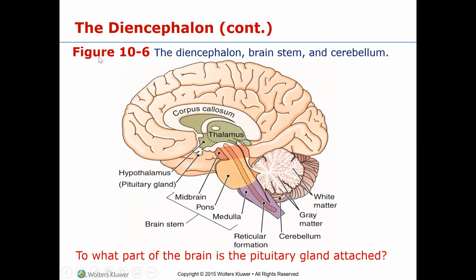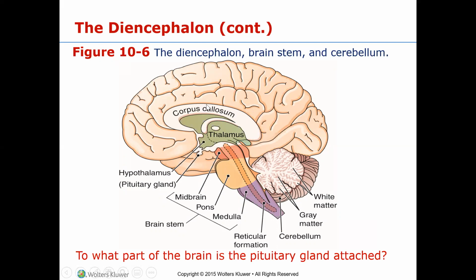If we look at the diencephalon itself, it consists of the thalamus and then the hypothalamus here, and hanging off of that is the pituitary gland. This is a cross-section of the brain, so this is only one of the cerebral hemispheres.